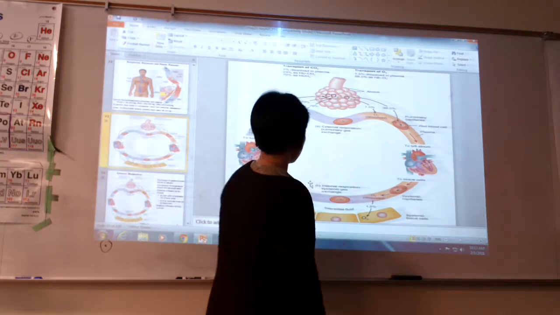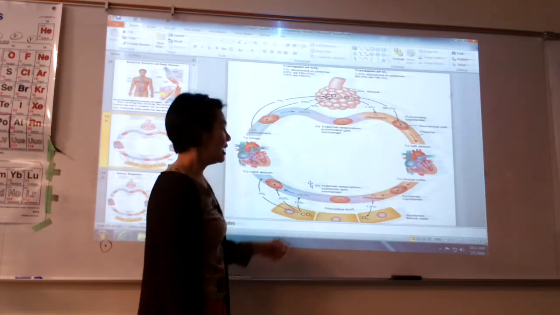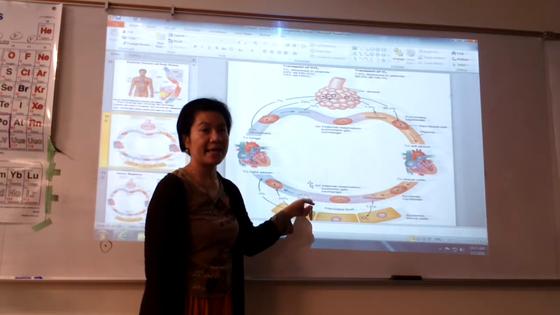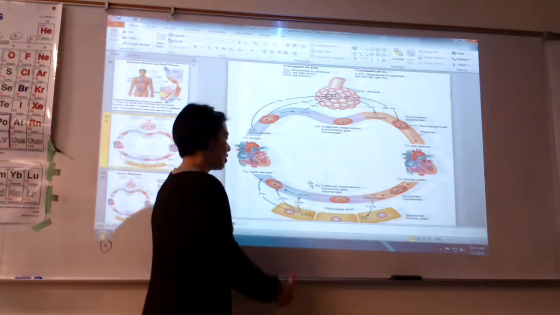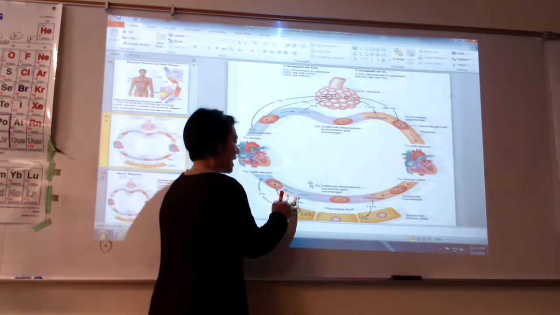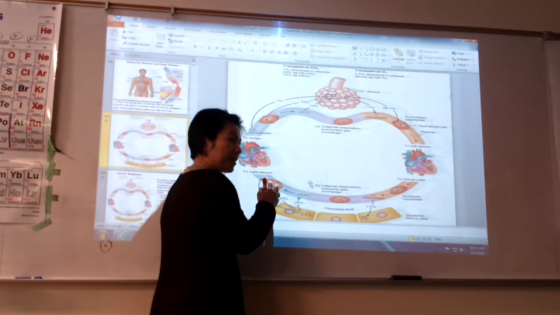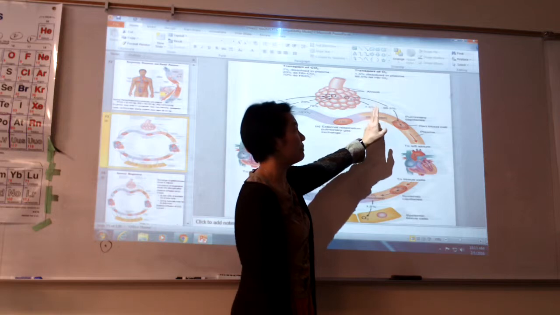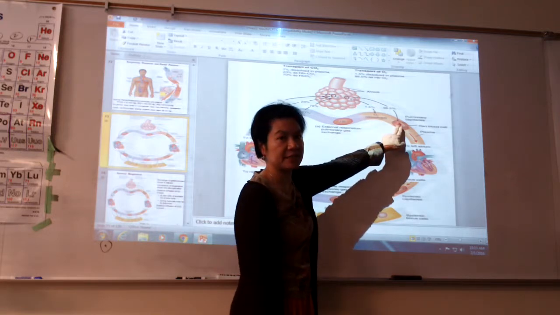And now let's look at how carbon dioxide travels. Carbon dioxide travels in the blood three ways. Carbon dioxide can be present just like your oxygen, which is present in plasma and RBC.